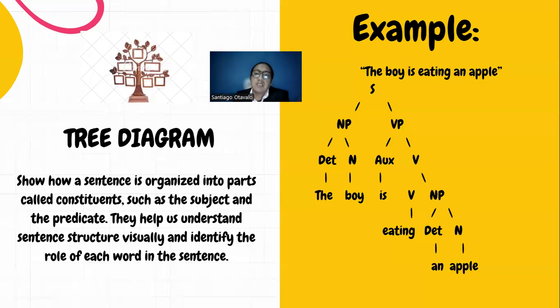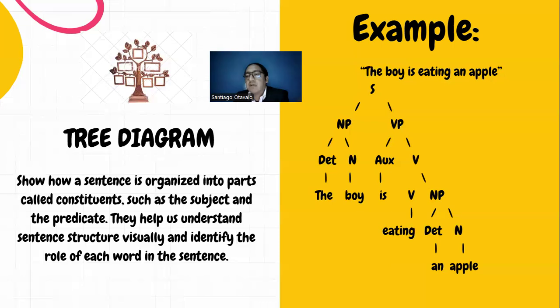The is a determiner, and boy is a noun. On the other hand, we have the verb phrase, whose auxiliary in this case is is. Again, the verb, which is represented by the letter V, is eating.